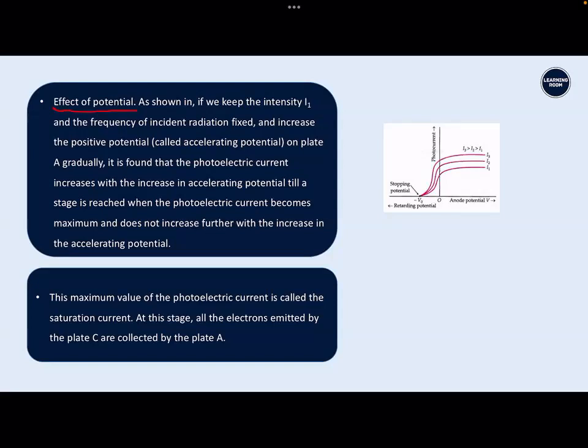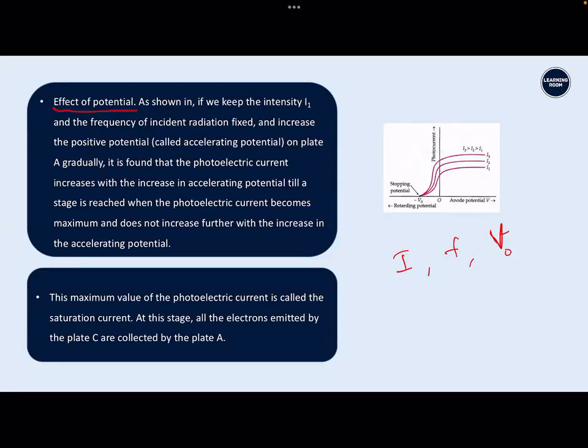In the previous class I told you, right, the three parameters we'll find are intensity, frequency, and stopping potential V naught. When you're trying to find the variation of one with respect to another, out of the three parameters, two will be kept constant and one will be variable. So here, we are trying to find the effect of potential.